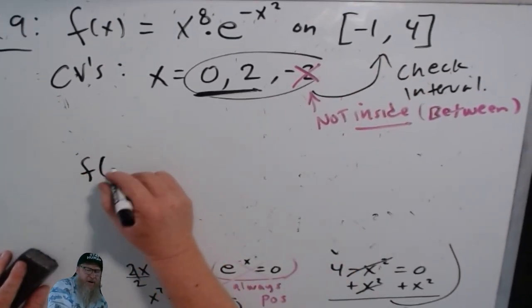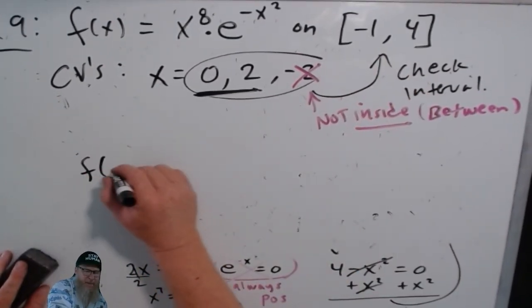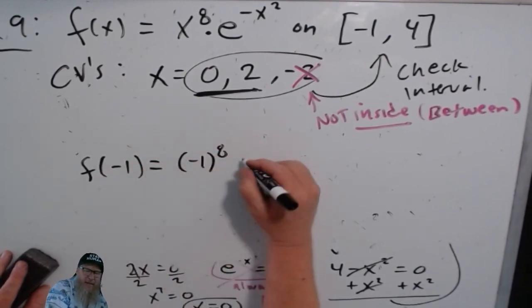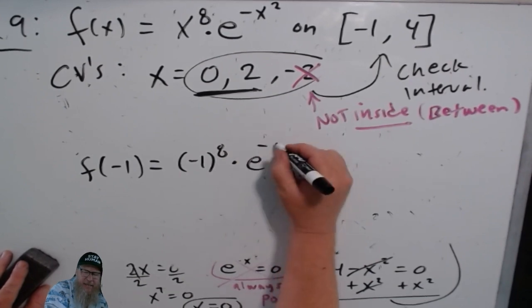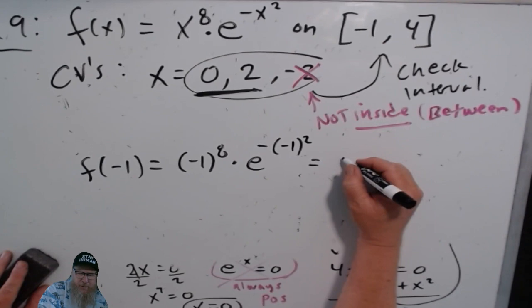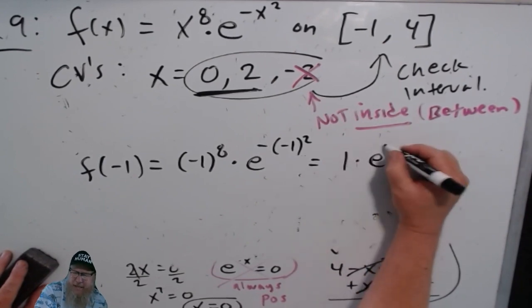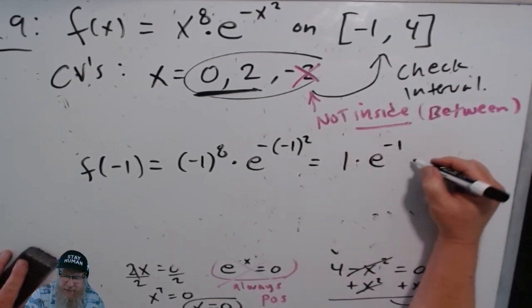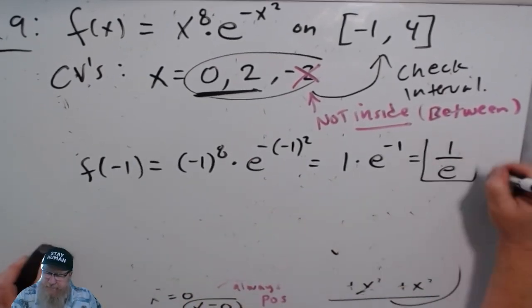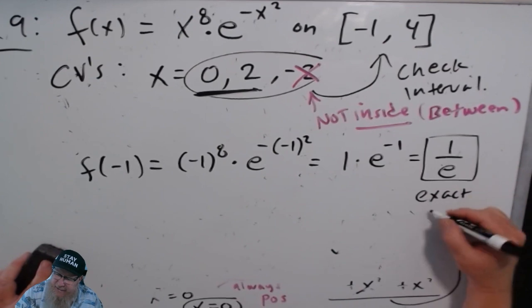So f of negative 1 is negative 1 to the 8th times e to the negative 1 squared, which is 1 times e to the negative 1, which is 1 over e. That's the exact value.